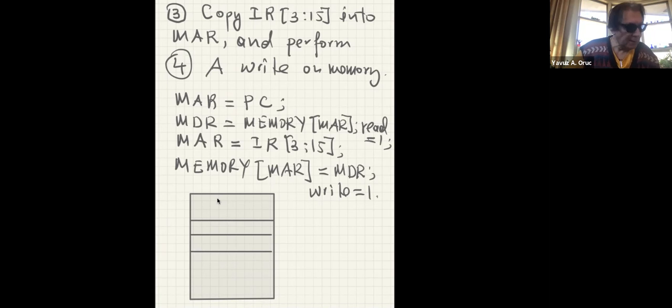Now, as I said, the program counter was actually pointing to here. Let me put it over here. Here's the program counter. The program counter was pointing to this location. This is our load instruction, by the way.